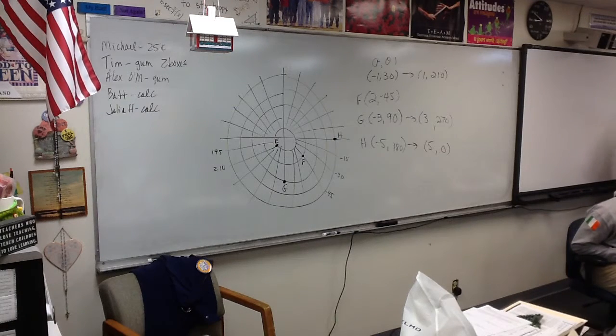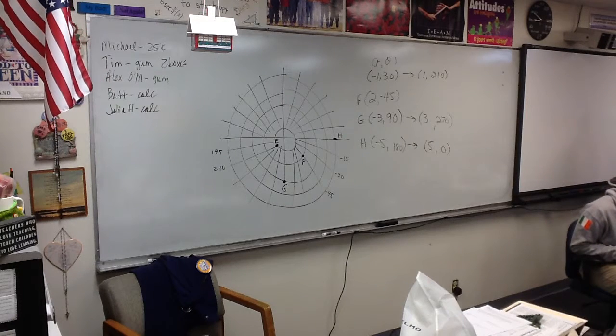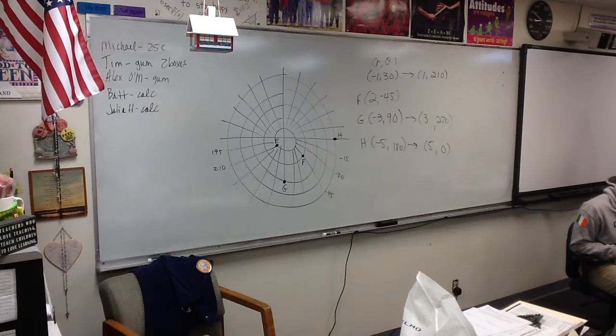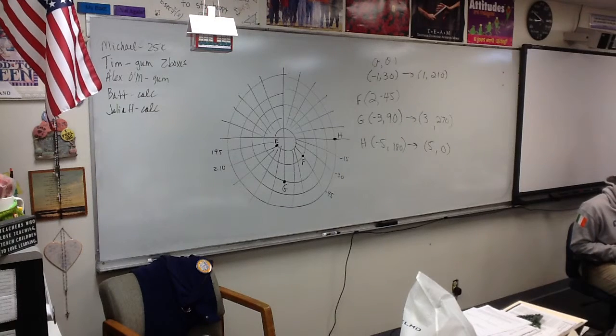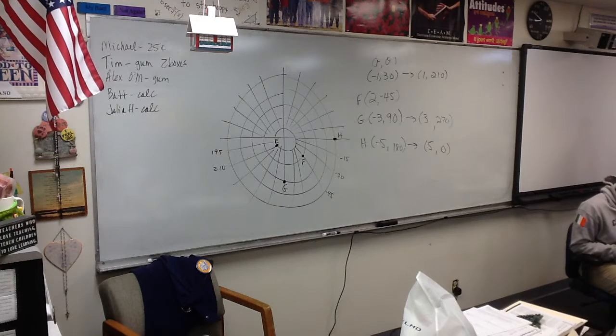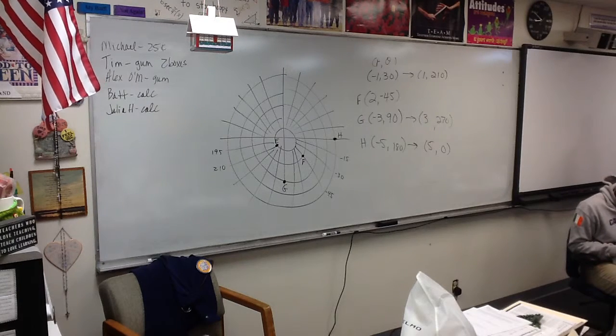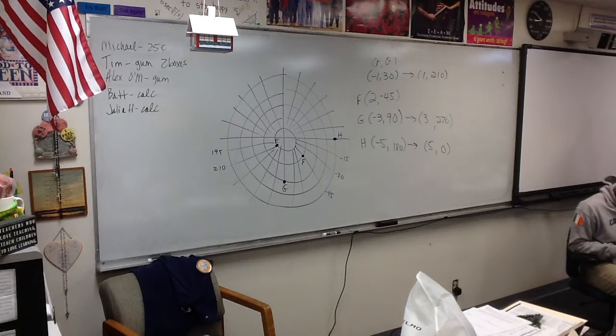Okay? Now we're going to go to our window. For theta min, put 0. For max, put 360. Because I'm in degrees, we set our calculator in degrees, 0 to 360 will take me once around the circle. For theta step, put 5.